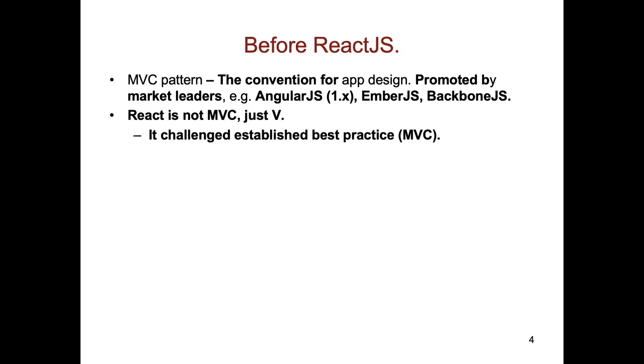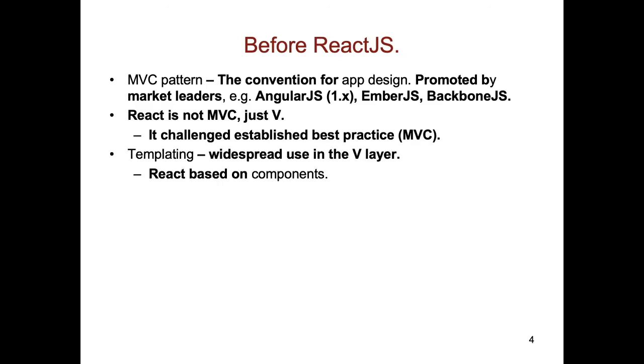The model part is extremely important still. The model part is really about the data management side of your app. But the React engineers said, no, let's use another framework to take care of that. We'll just concentrate on the V part. So that was a bucking of the trend back then.